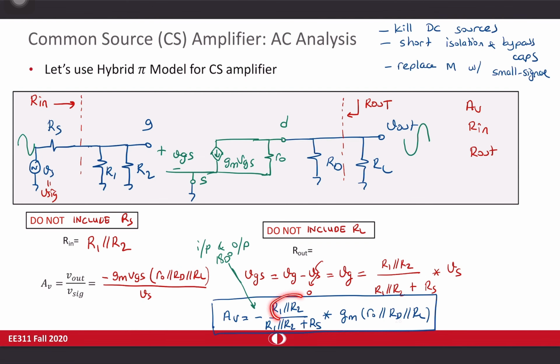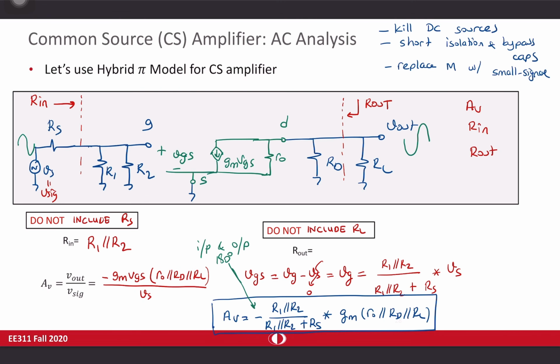If you make Rin much larger than Rs, then this term will be quite close to 1, and you will maximize your voltage gain. And this is quite consistent with voltage amplifiers that we have discussed in the previous lecture. For the voltage amplifier, you always want large input resistance.